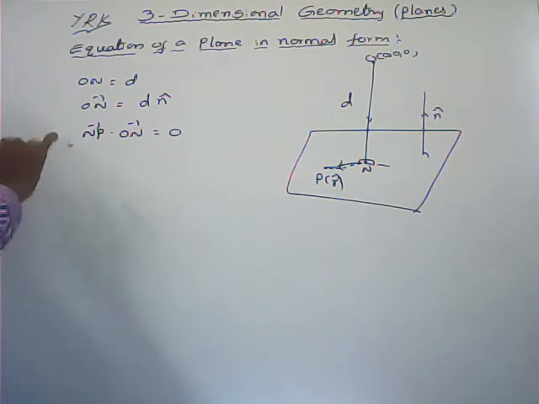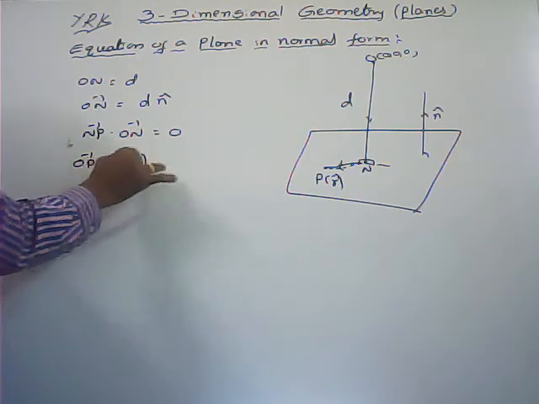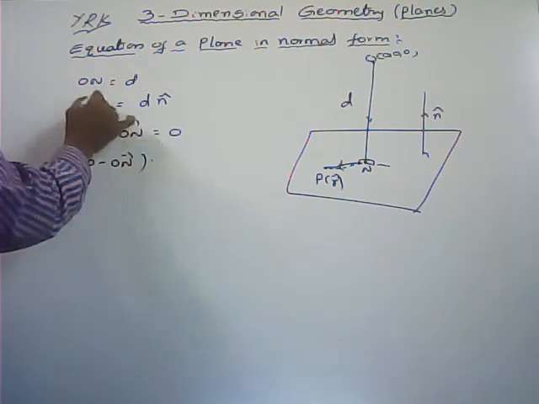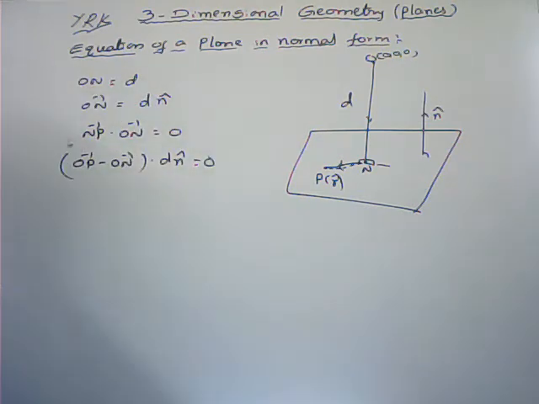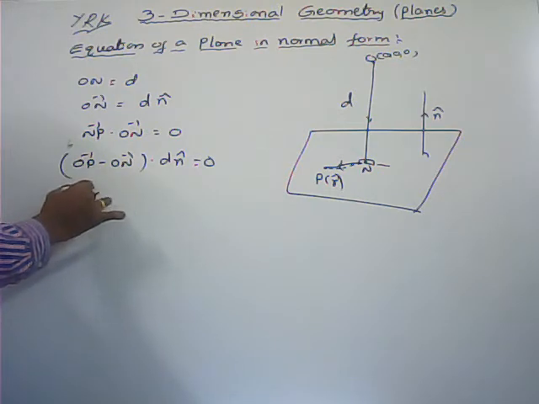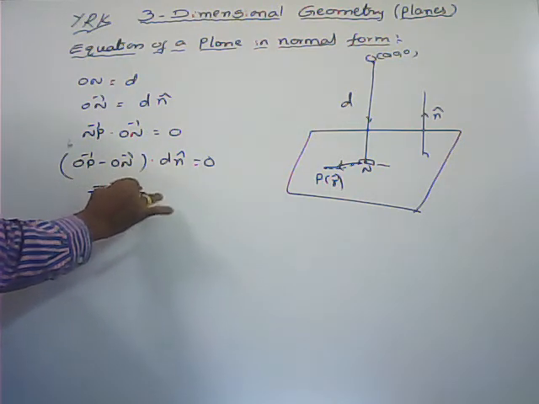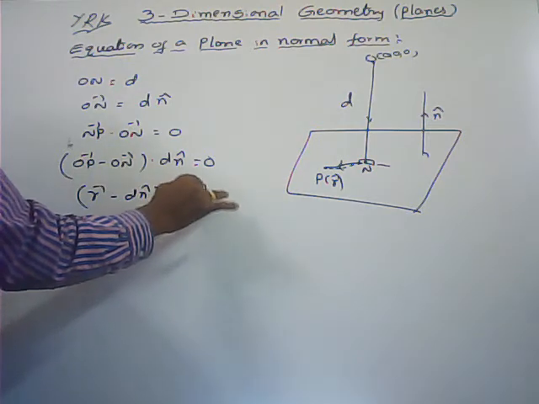NP bar, in terms of position vectors, is OP bar minus ON bar. So OP bar minus ON bar, dot ON bar. What is ON bar here? D into n cap. So R bar minus D n cap, dot D n cap, is equal to 0.